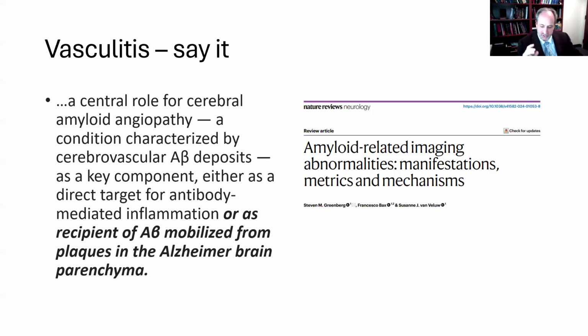When we infuse these agents and their brain lights up on scans, are we infusing a vasculitis? And is the vasculitis the substrate for those amyloid-related imaging abnormalities? I think it's a legitimate question. And it's not surprising that in some cases it could be self-limited or evanescent, depending on how much amyloid beta you have.